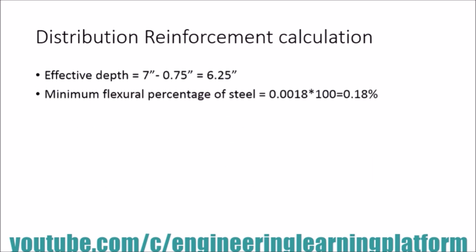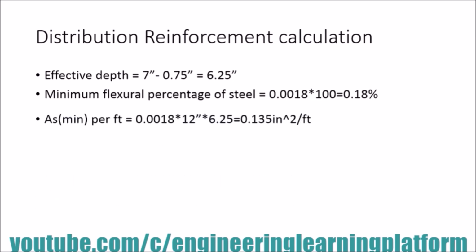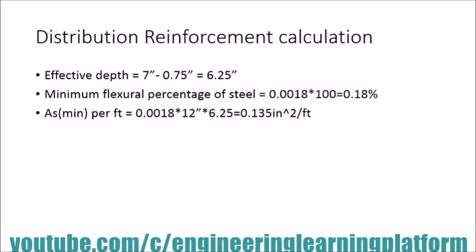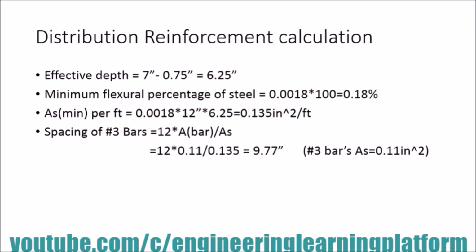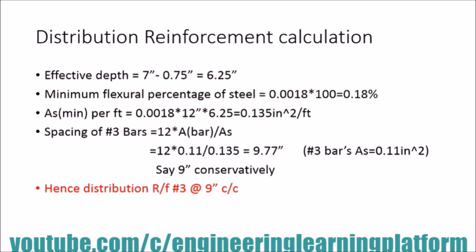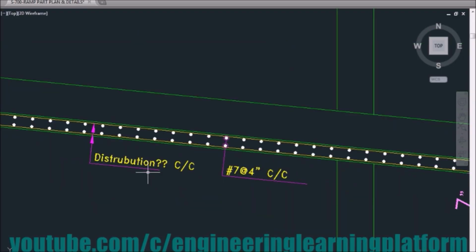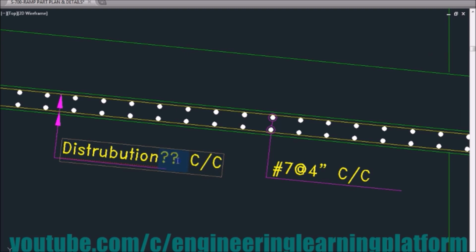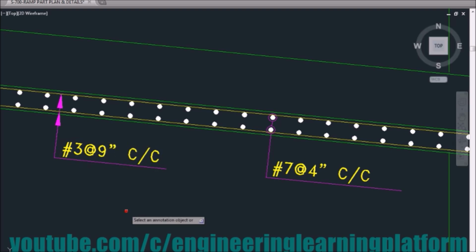For distribution reinforcement calculation, we need to use the minimum percentage of steel. Effective depth is calculated by subtracting the cover. Let's say 9 inches center to center for number 3 bars of distribution reinforcement is to be provided. The distribution reinforcement is in the long direction, number 3 at 9 inches center to center.